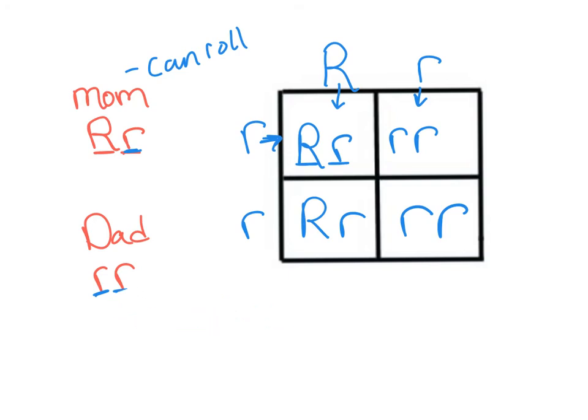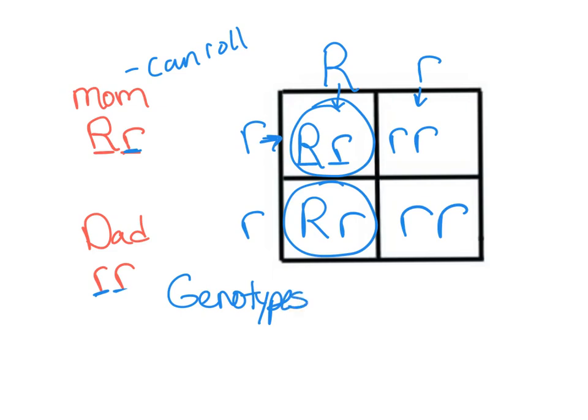Let's figure out what percentage of the offspring, the children, would be able to roll their tongues. In this case, we've got two different genotypes. We've got big R, little r, big R, little r. If we look at the genotypes, we would say that 50% have this genotype, and 50% have the homozygous recessive genotype.